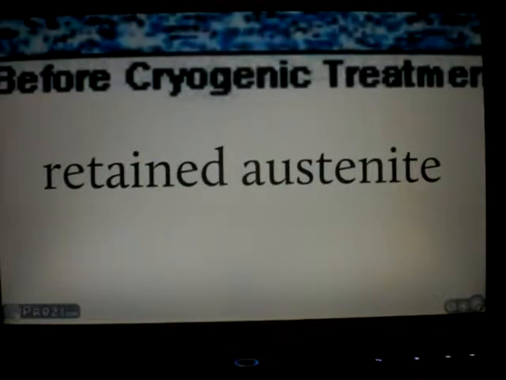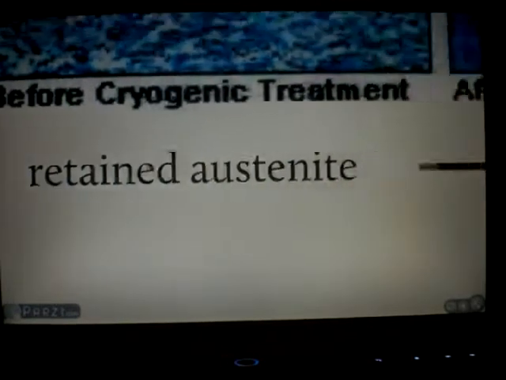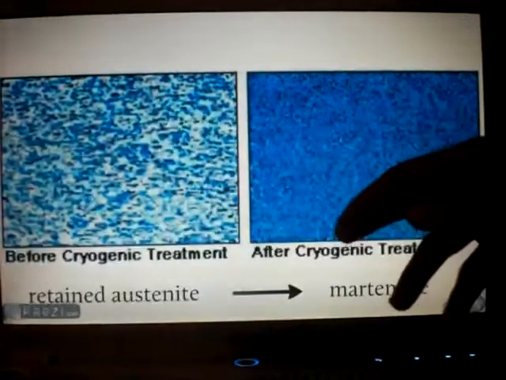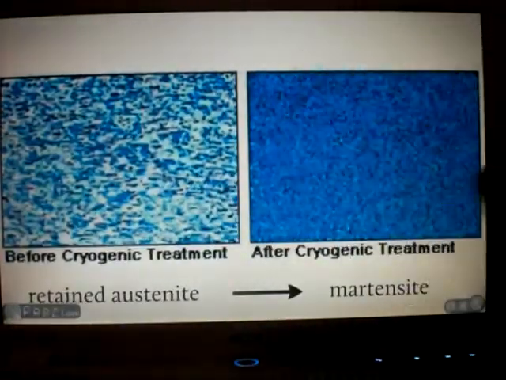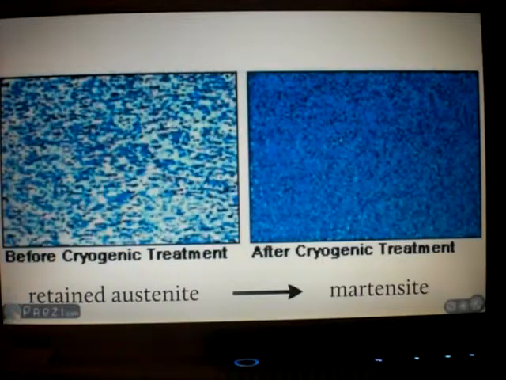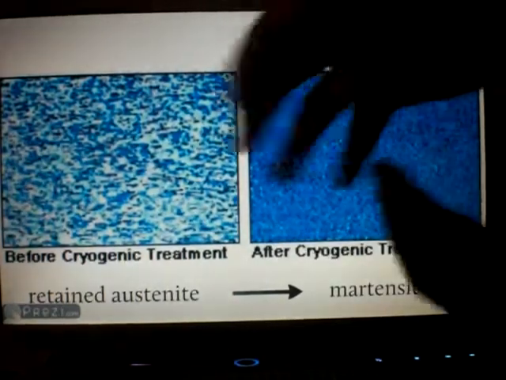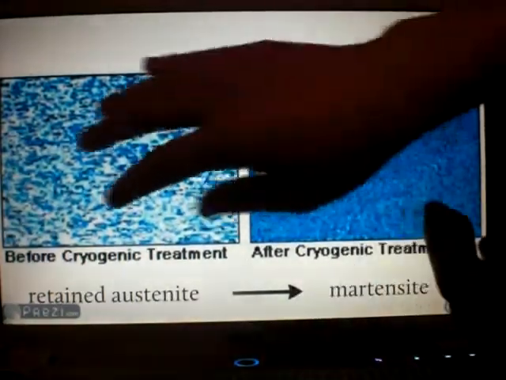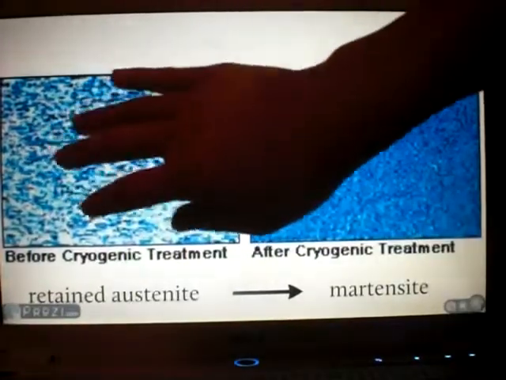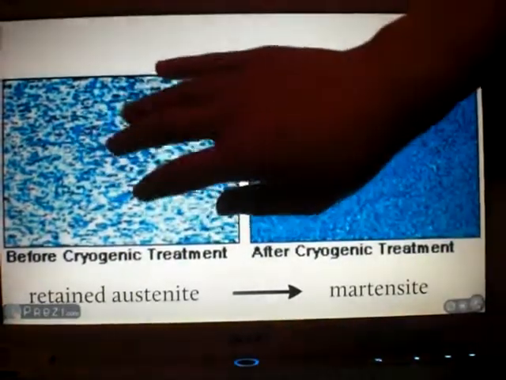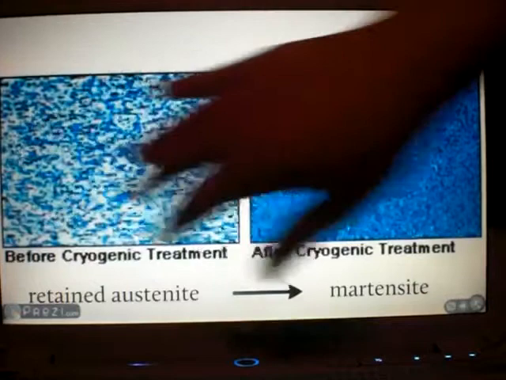So let's look at an example. So the processing of retained austenite to martensite. This is before and this is after. As we can see, after supercooling a material, the molecules are much more dense compared to this rather sparse distribution of materials over here.